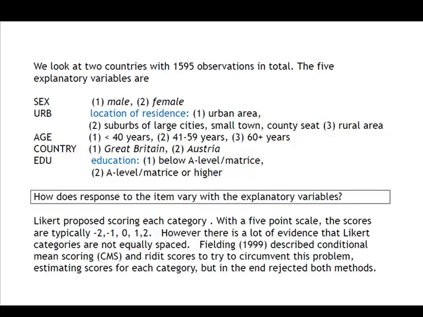Tony Fielding has written a paper on this in Series A, 1999, and has described a wide variety of ways in which a Likert scale might be scored, and he looks at two methods, Reddit scores and CMS, conditional mean scoring, before rejecting them and suggesting that using ordinal regression is a better way to go rather than trying to adjust the score.